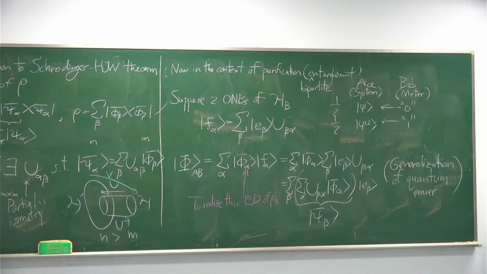In quantum 101, a quantum state is represented by vectors, or in this class, by rays, which are equivalence classes of vectors up to complex scalar multiplication.